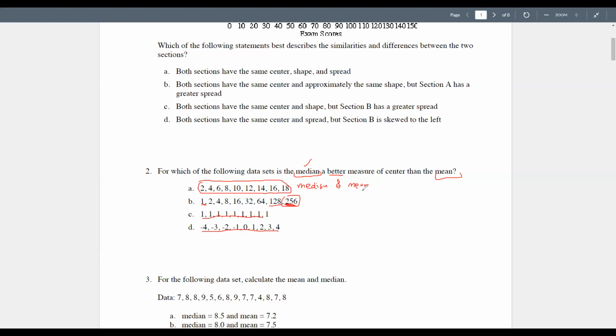So if you use the mean, it's going to seem like everybody is doing pretty well in that company. The person making $1,000 a year cannot even afford anything. Even up to $8,000, even up to $16,000, they cannot afford a house or even an apartment.